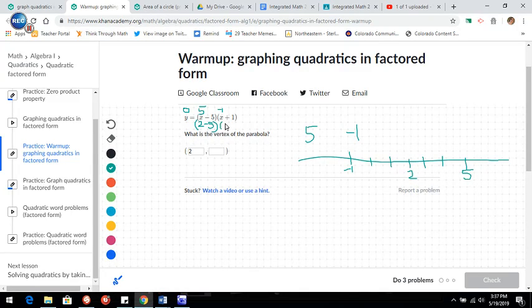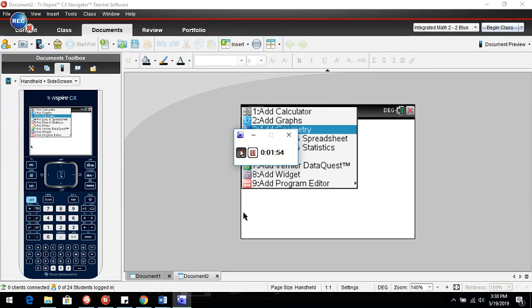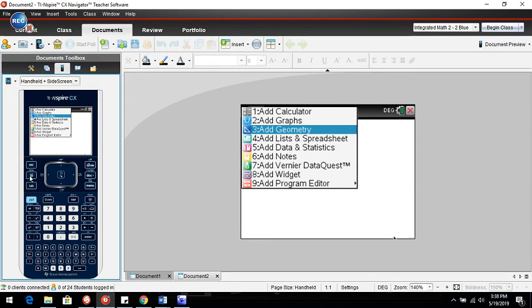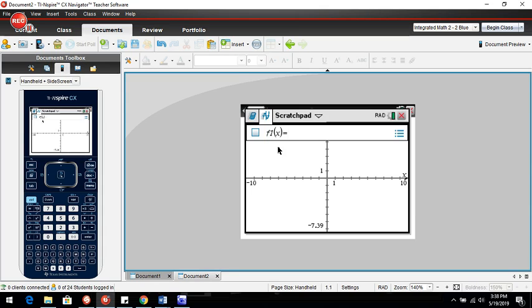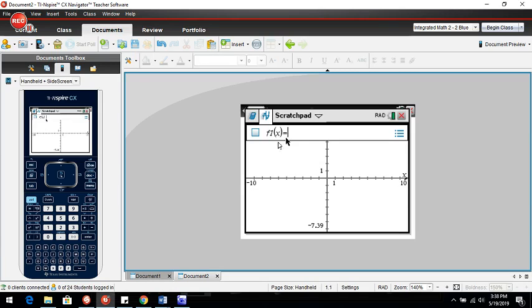So anyway, if I do 2 minus 5 times 2 plus 1, it's also a nice way to check and see if you did it right. Okay, so you can go to your calculator, your scratch pad, and just type the equation in. So it was x minus 5 times x plus 1.